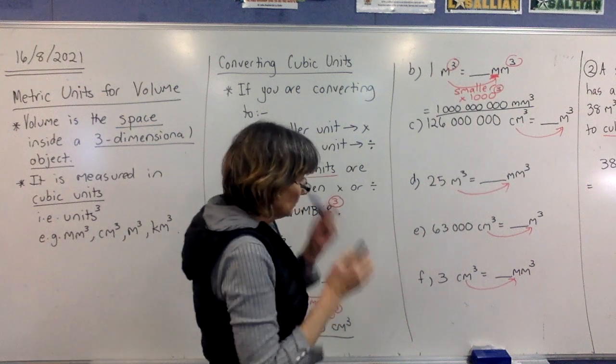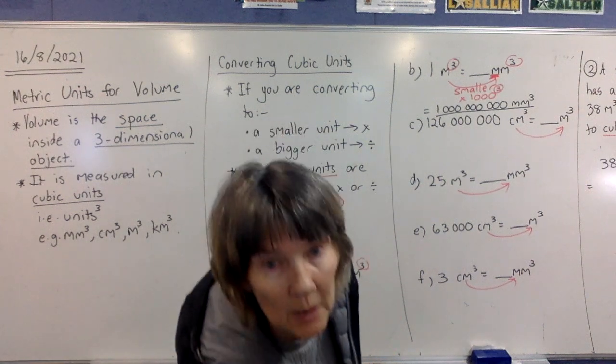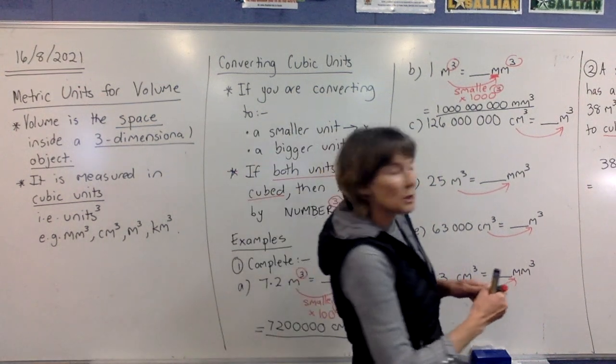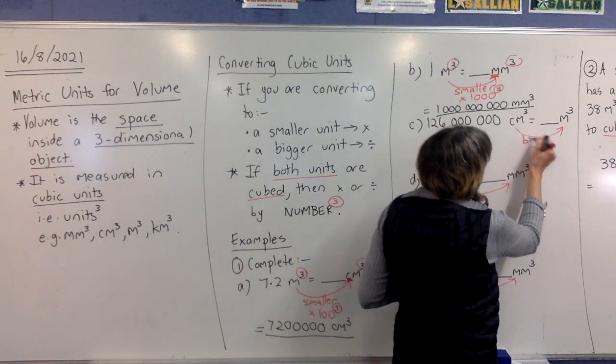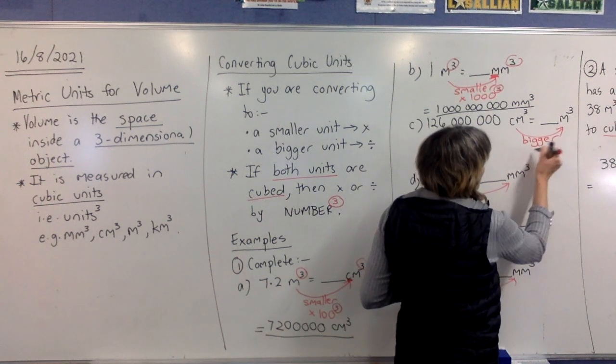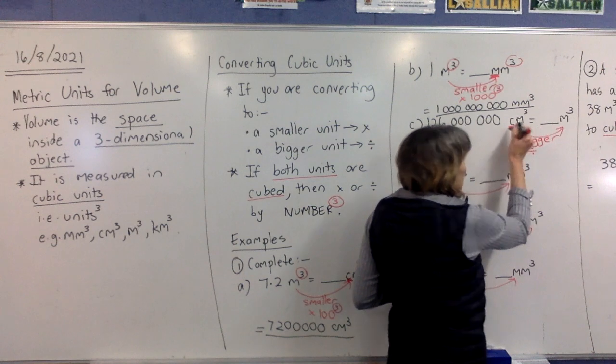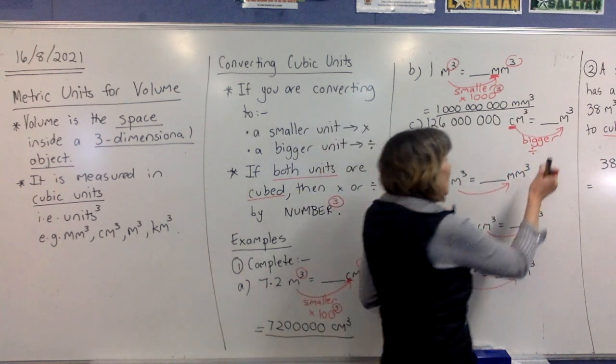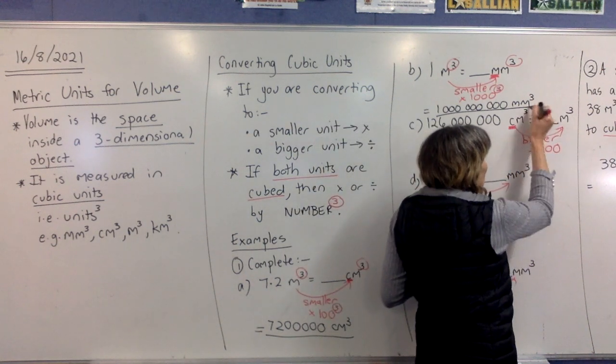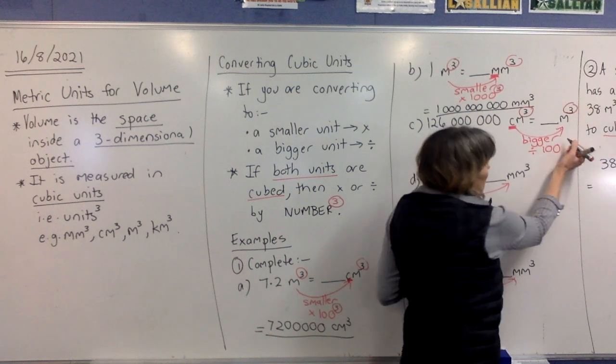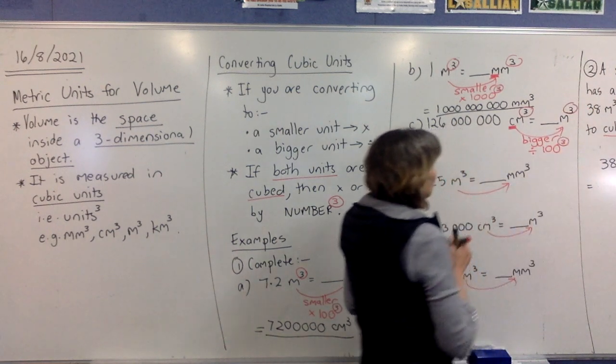Okay, next one. We're going from centimetres cubed to metres cubed. So this time we're going to a bigger unit. So we're dividing. Now C for centi is our prefix, that's 100. These are both cubed in the units, so we have a cubed here.